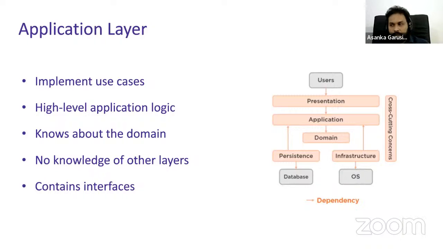The infrastructure layer could have persistence and infrastructure. The persistence would have certain interfaces to access the database. But the infrastructure layer could have other third-party services or some OS-related services, right? Basically, it has four layers, right?